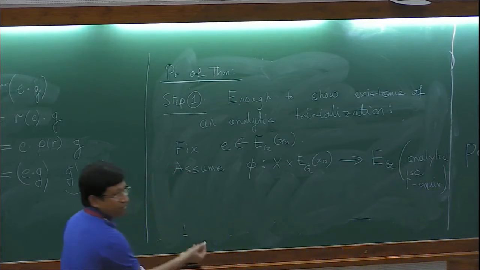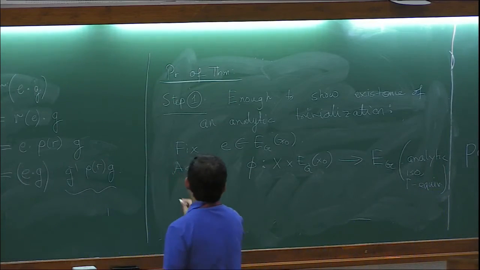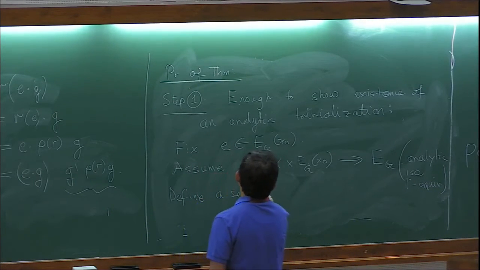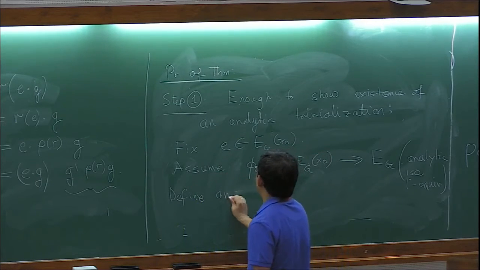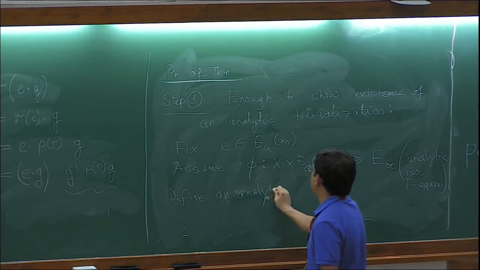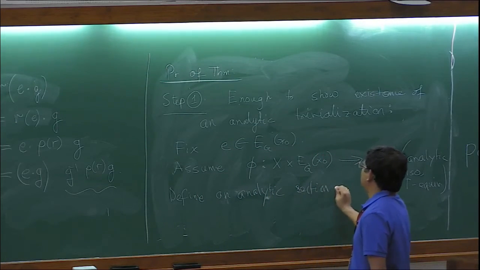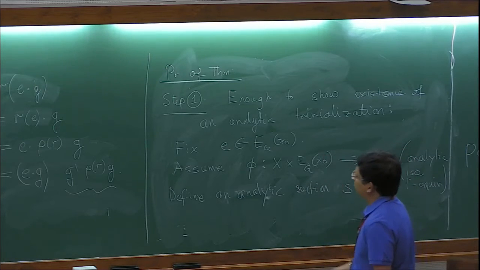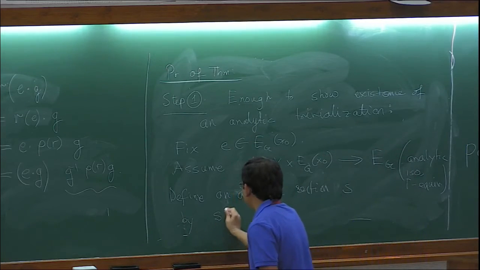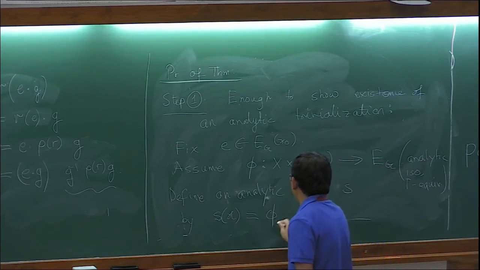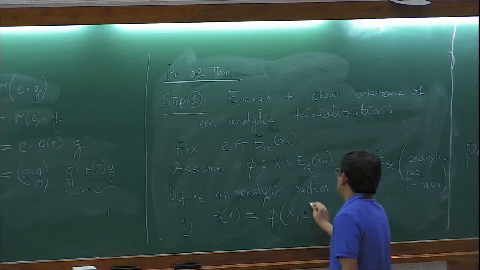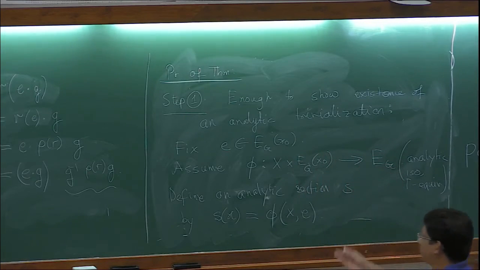Then you can define an analytic section S by S of x is phi of x comma e. So from the product you go to EG using the trivialization.